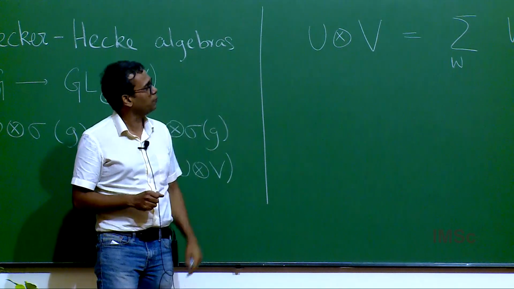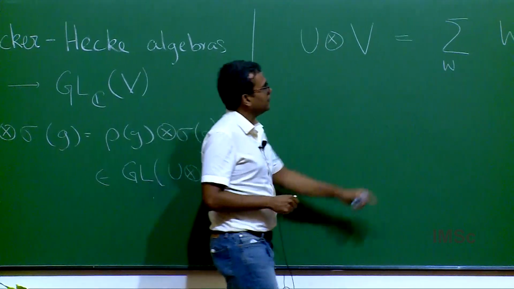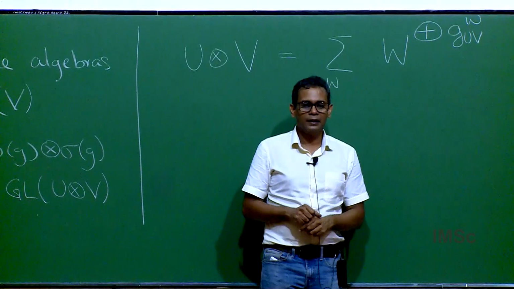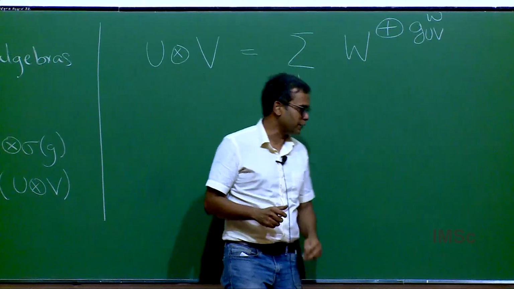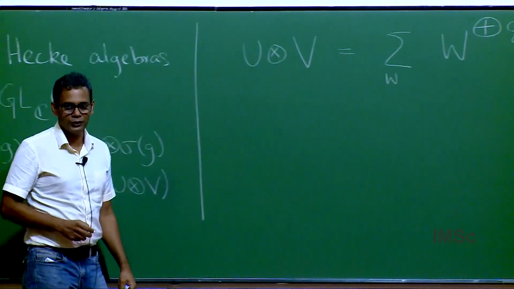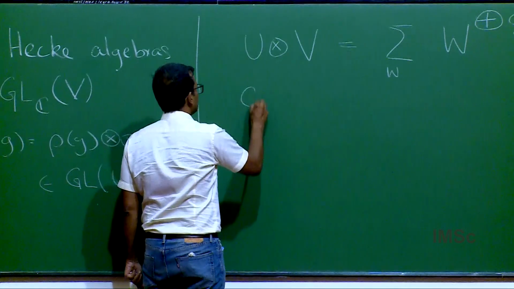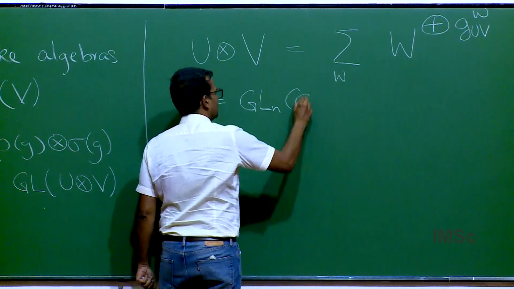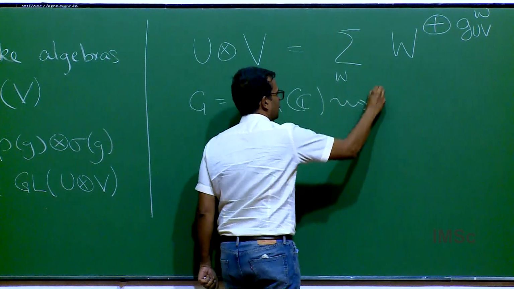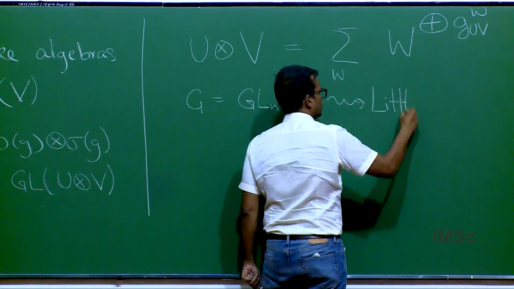And also the problem of determining these coefficients, which is much harder, was done much later by Lascoux and Schützenberger, and it's called the Littlewood-Richardson rule. So G equals GL_N(C) leads to the Littlewood-Richardson rule.